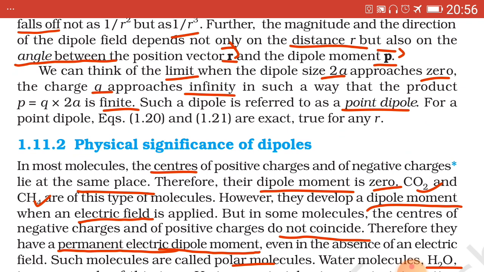Point dipole. Important for objective also.